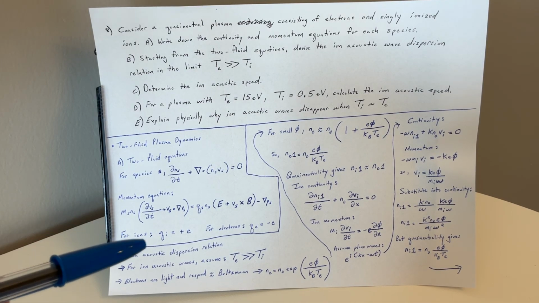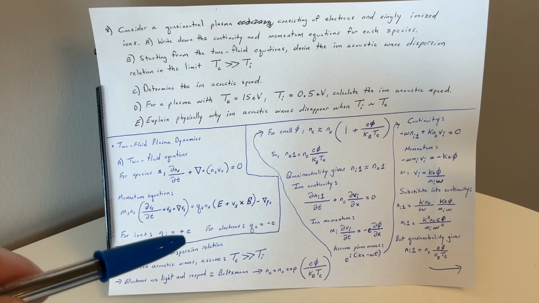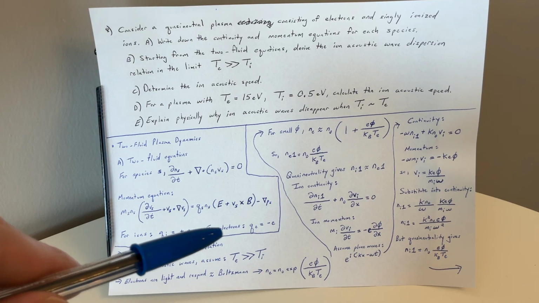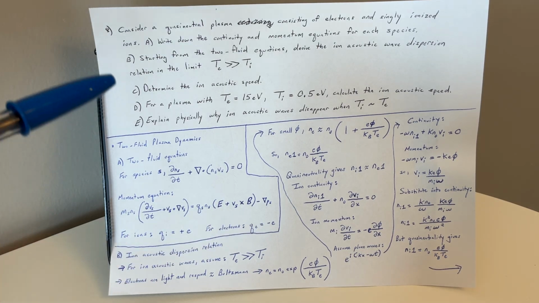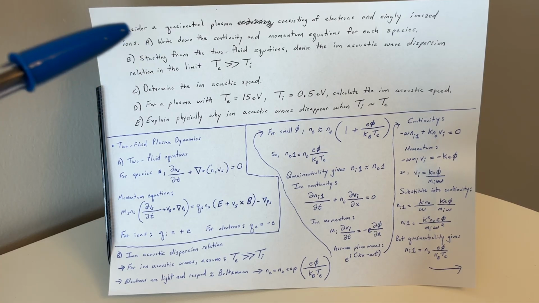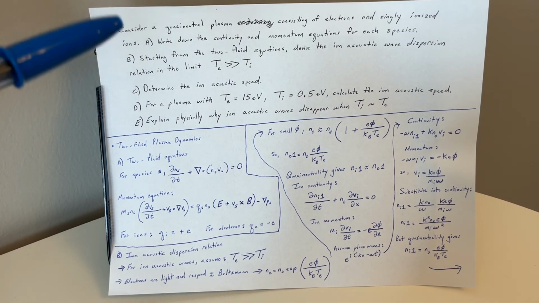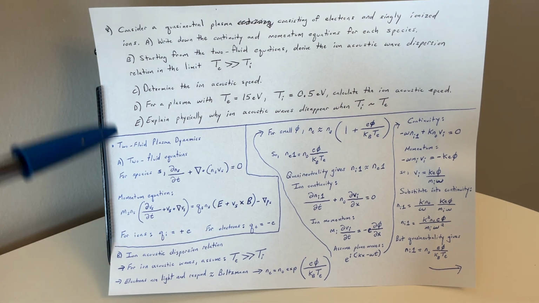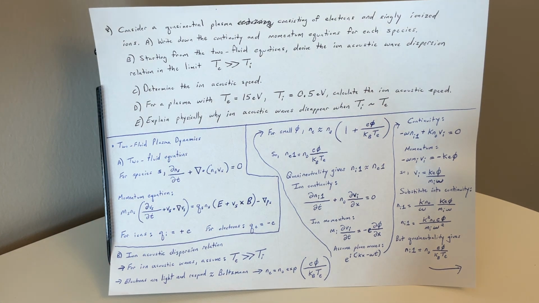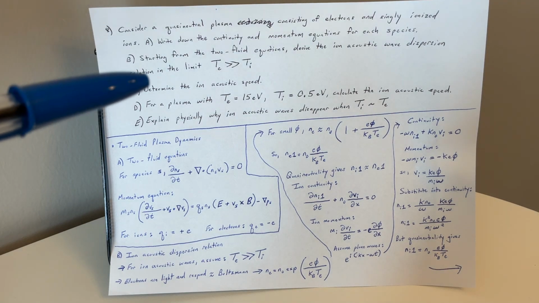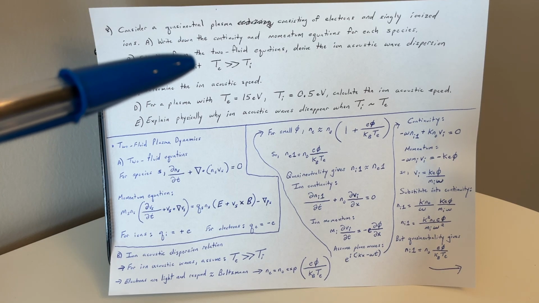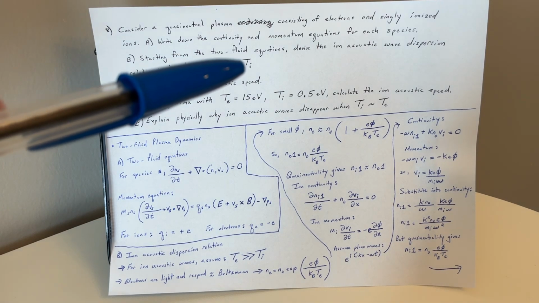Canonical, for ions, q sub i equals positive e, and for electrons, q sub e equals negative e. So that's what we do. Write down the equations we need. Textbook, canonical. Part B, starting from the two fluid equations, derive the ion acoustic wave dispersion relation in the limit T sub e is much larger than T sub i.